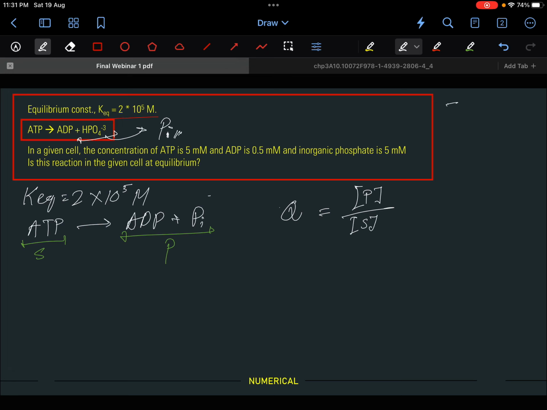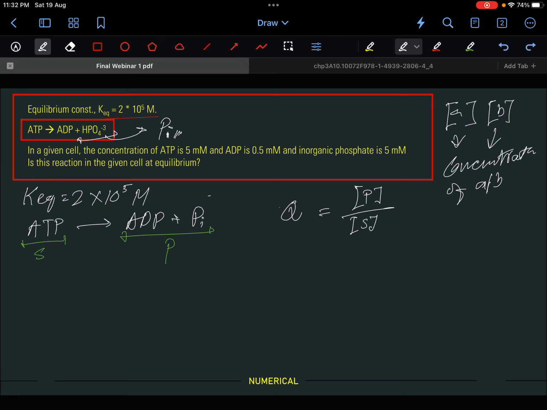By the way, in chemistry, if you write anything in these brackets, it represents concentration. If I write A, it represents the concentration of A. If I write B, it represents the concentration of B. So this represents the concentration of P, and this represents the concentration of S, the substrate.